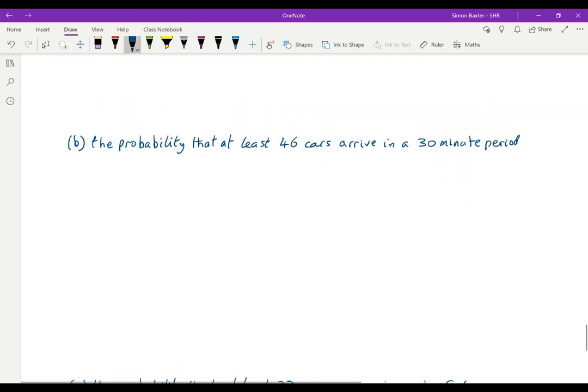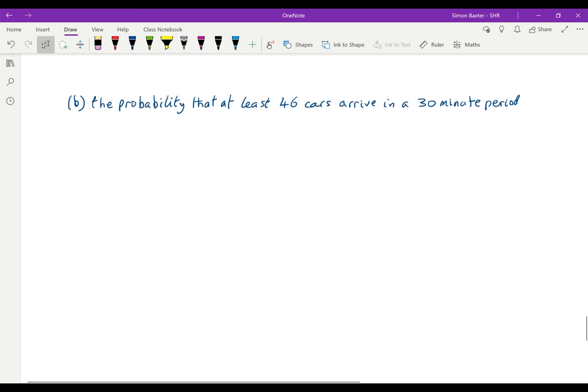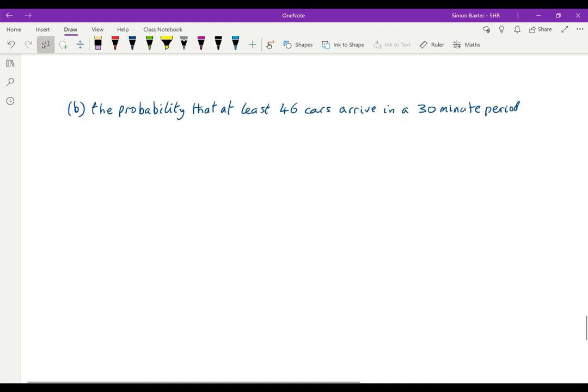The probability that at least 46 cars arrive in a 30-minute period. We were dealing with a mean of 18 cars in 15 minutes.